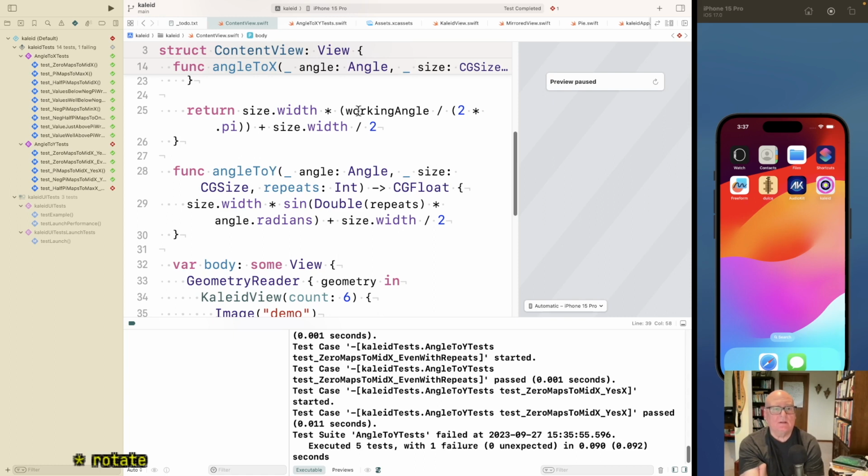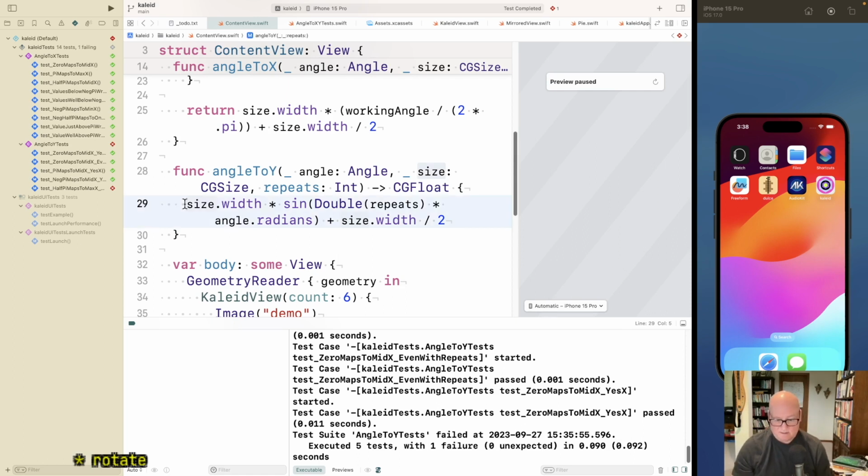If it was 0, sine of 0 is 0 times width is 0 plus size width over 2. That's fine. If the sine is 1, well, then it should be half. And if the sine is minus 1, it should be 0.